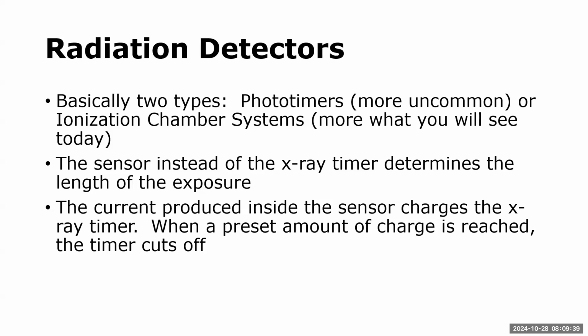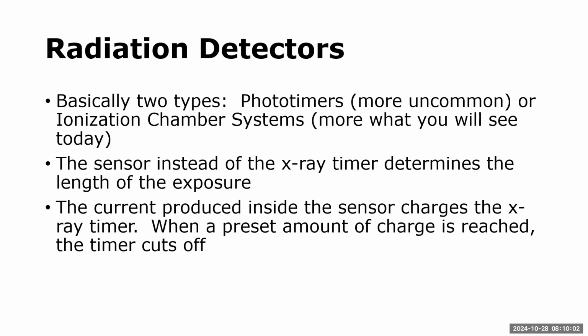So here, the sensor, instead of the X-ray timer, determines the length of the exposure. So with AEC, setting a mAs is taken out of our hands. Does everybody see that? So all we're setting when we use AEC is a kVp still, because we still have to tell it what kVp we want to use.